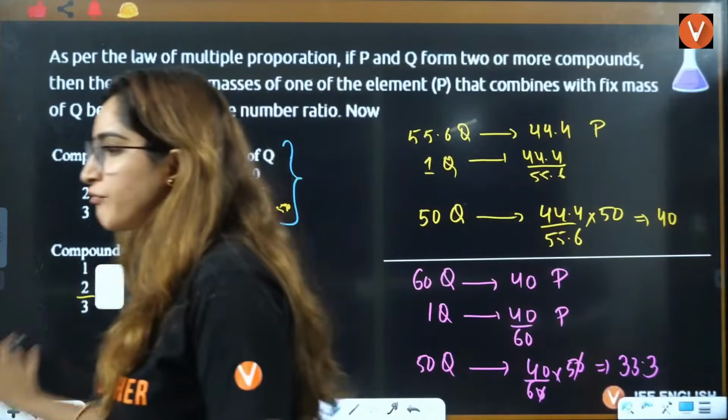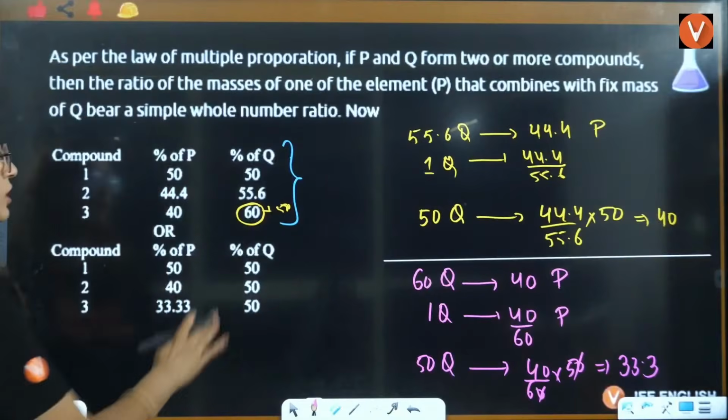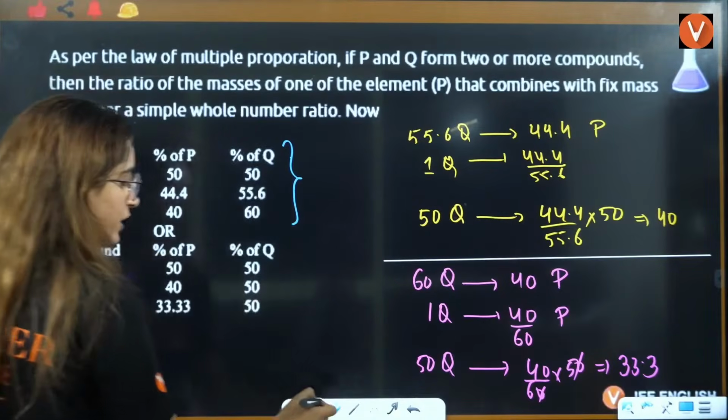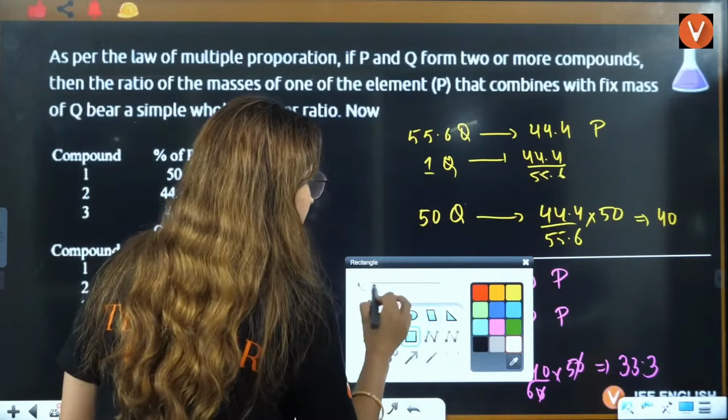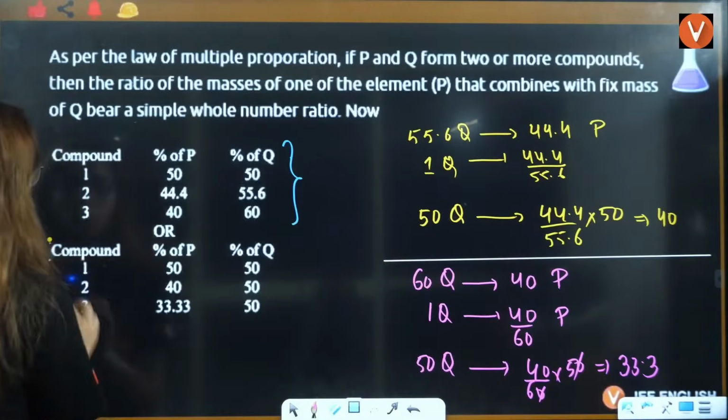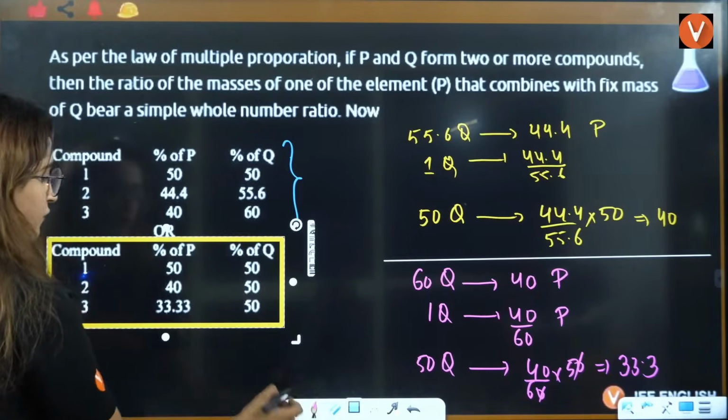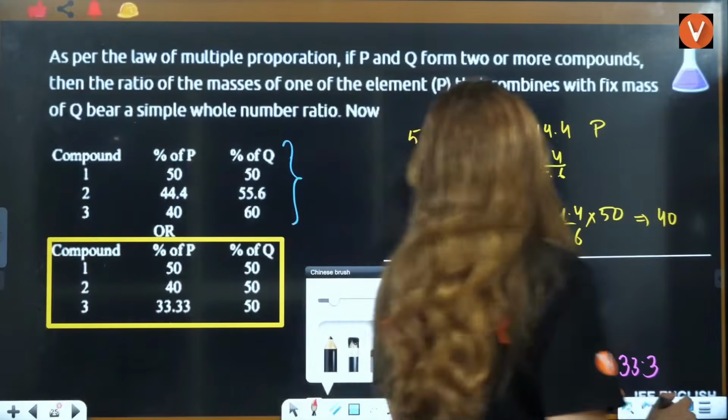So that's why we have this new table here. Instead of writing this, we are having this new table here. Let me know if that is clear to all of you or not. Right, everyone? Let me know if that is clear.